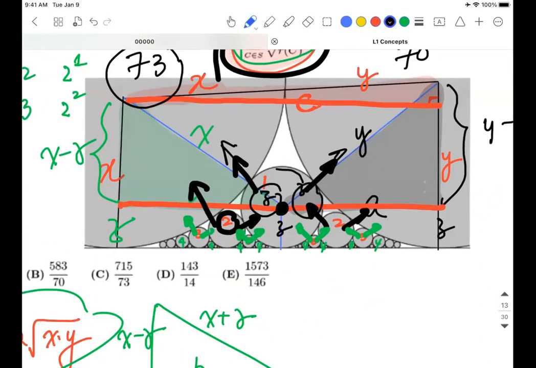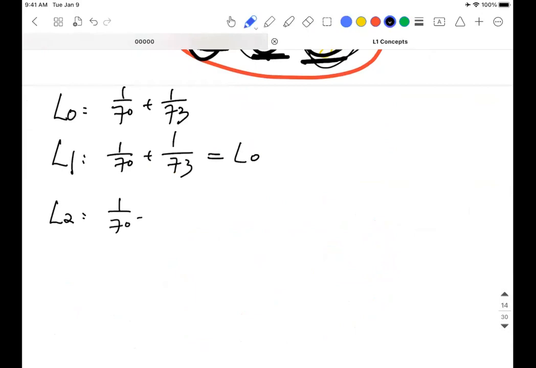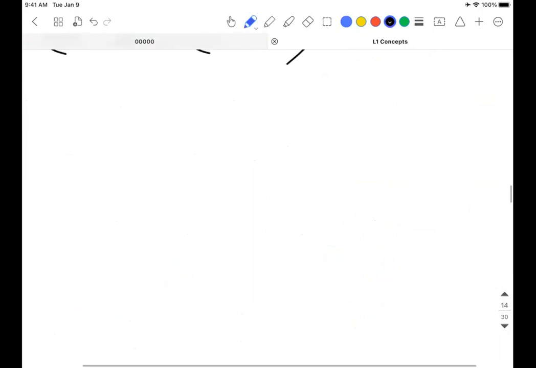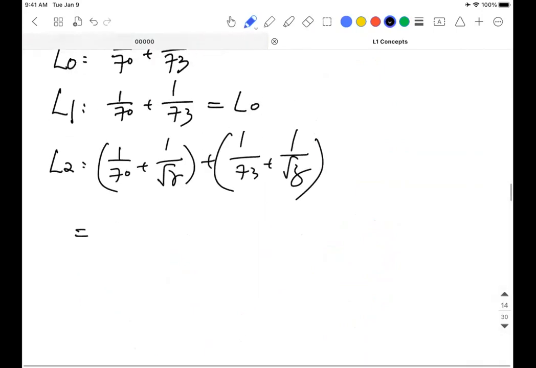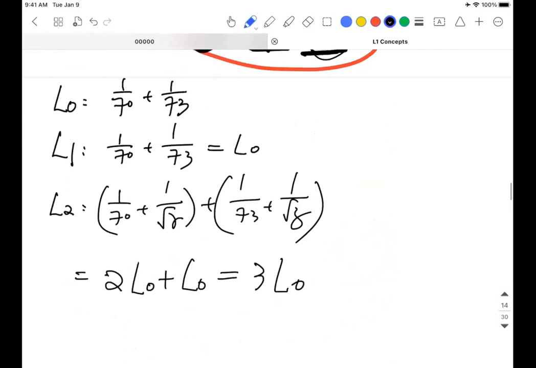Z, take a reciprocal, plus 70, take a reciprocal. Right? 1 over under root z. Don't forget, this is exactly 2 layer 0 plus layer 0, which is actually 3 layer 0. Is that right?